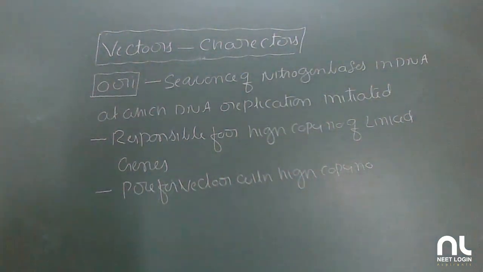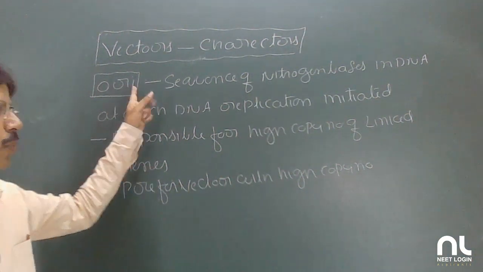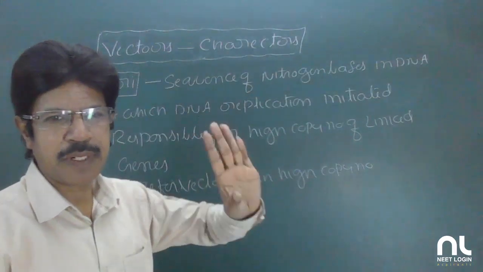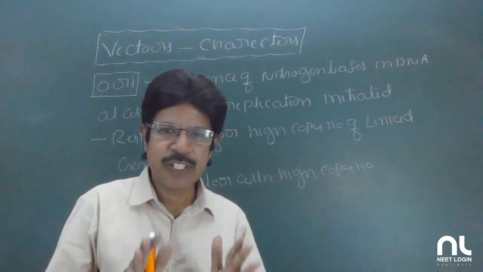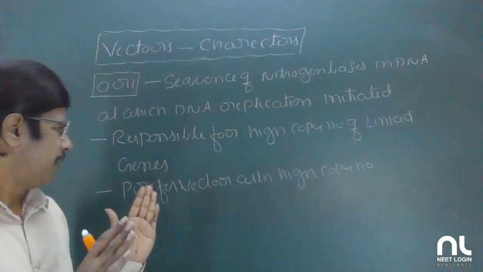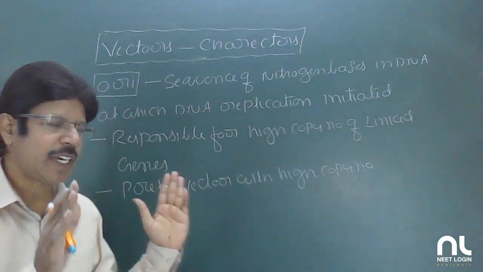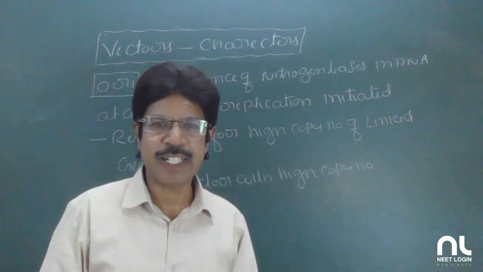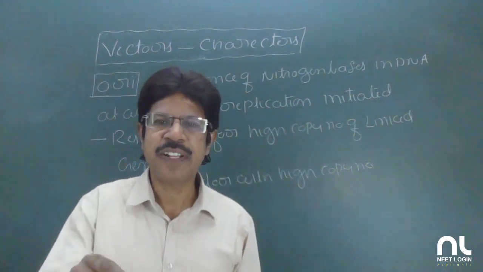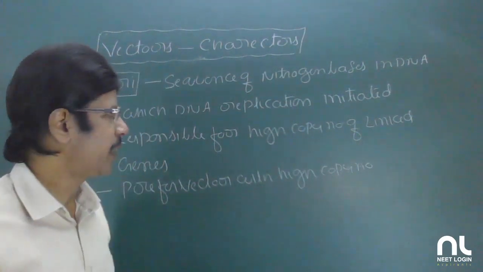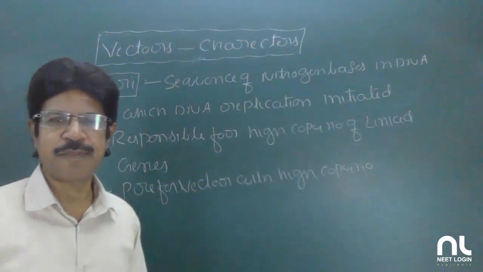Which is responsible for copy number of linked genes? ORI is responsible for copy number of the linked gene. So, by selecting the vector, you should prefer to select the vector with high copy number only. Okay, it is ORI, origin of replication.